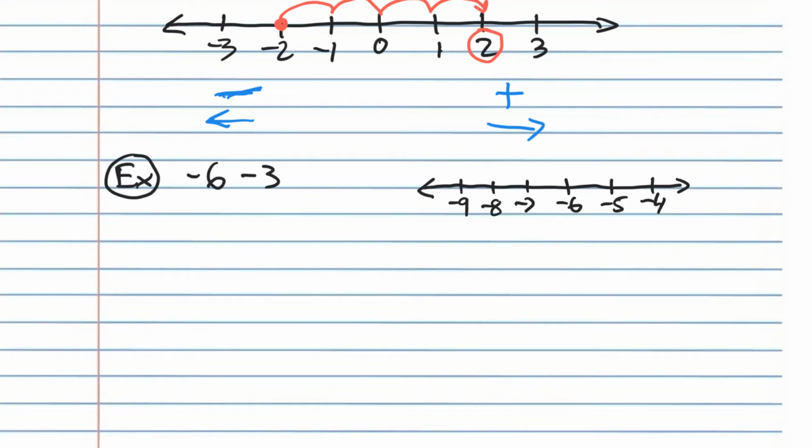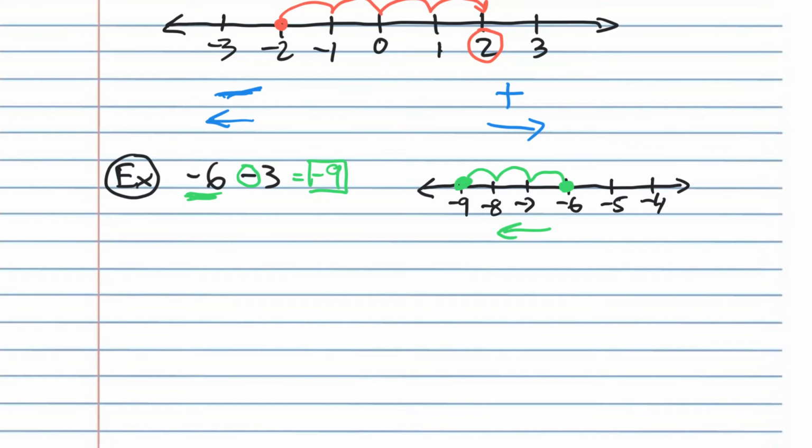Now this question says we are starting at -6 and we are subtracting, so we're going to go left. I'm going to go left 3 spaces. 1, 2, 3. So negative 6 minus 3 is negative 9.